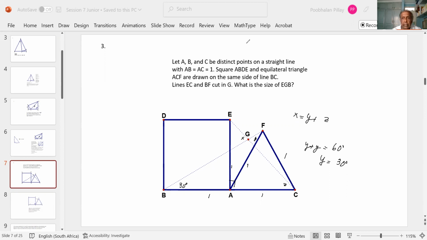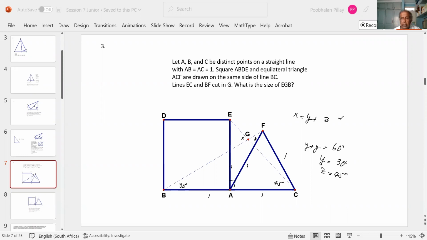So the Z in this triangle is in actual fact 45 degrees. So we can put Z equal to 45 degrees. And there it is. You got Z is equal to 45.